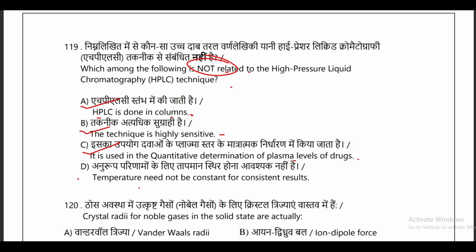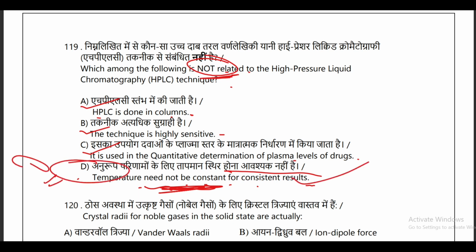So fourth is temperature need not be constant for consistent results. So this is an incorrect option and it is not related with HPLC. So you have to mention not related, it means D is your correct answer. In high pressure liquid chromatography, maintaining a constant temperature is essential for consistent and accurate results.